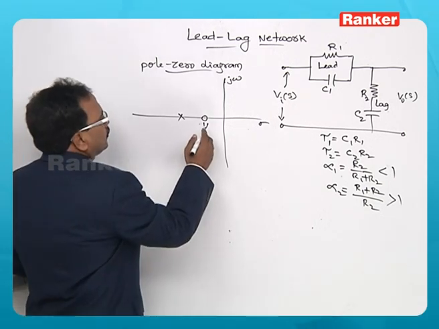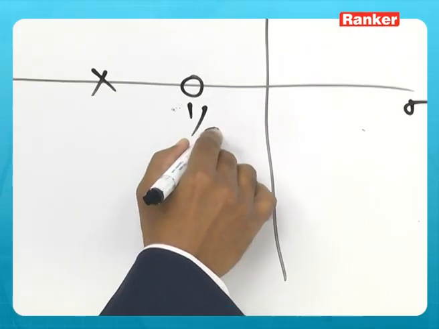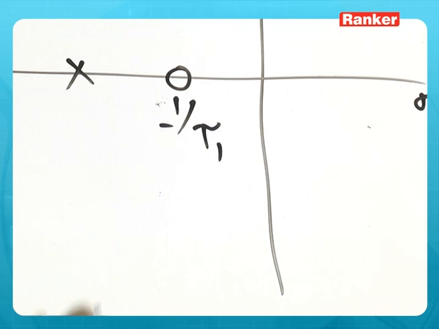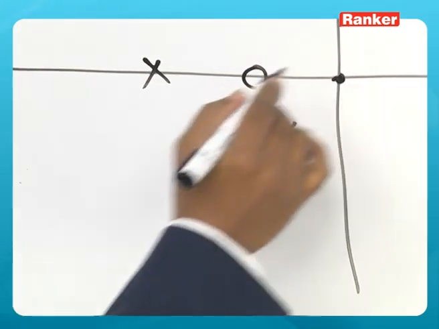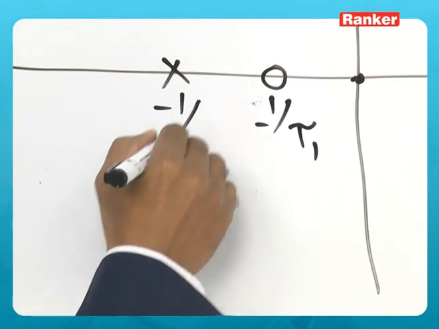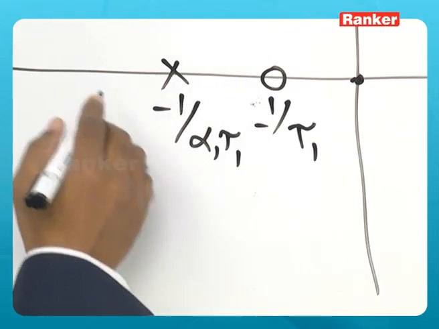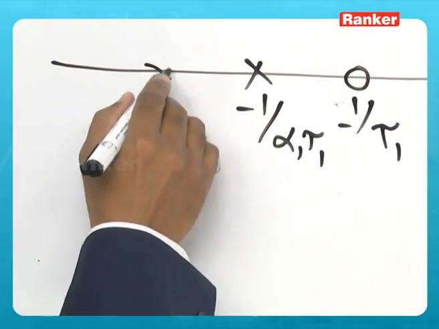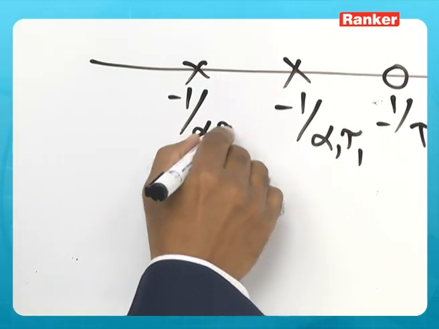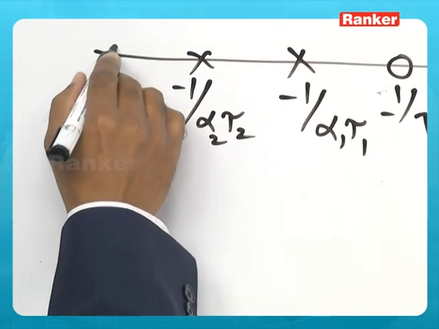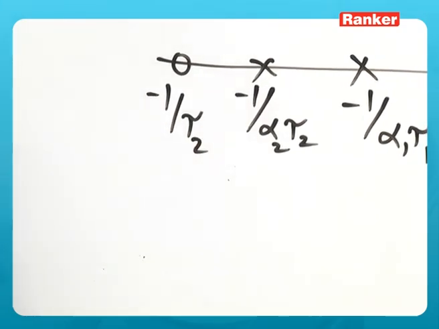So the zero is dominant in the lead part of the network, it is at minus 1 by tau 1, and the pole is away from the origin and it is at minus 1 by alpha 1 tau 1. Next, the pole at minus 1 by alpha 2 tau 2, and then the zero at minus 1 by tau 2.